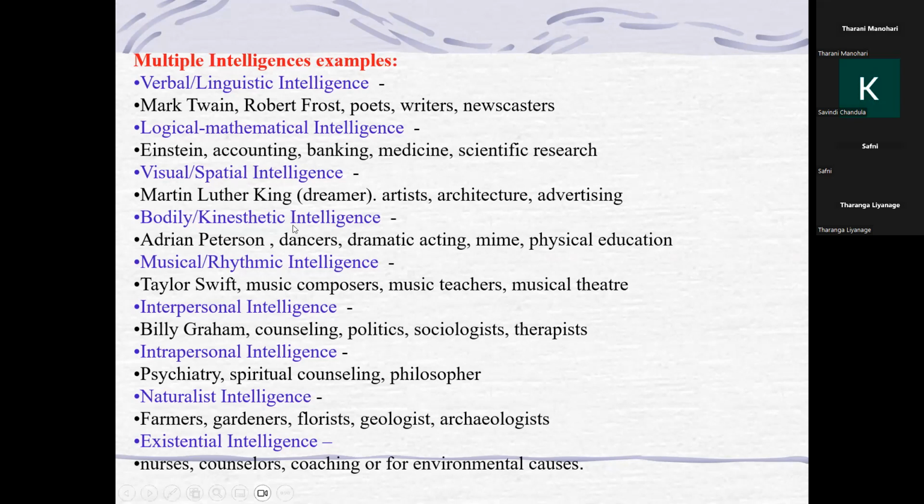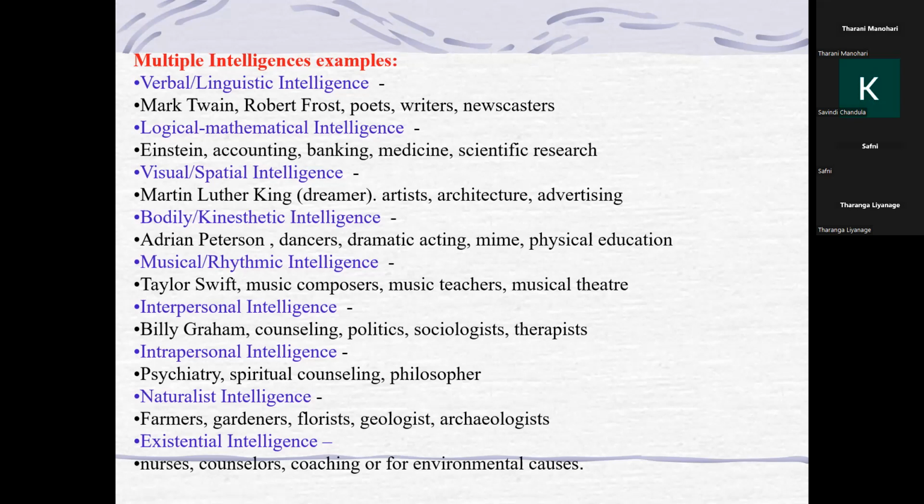Bodily kinesthetic means like dancers, dramatic acting, physical education, the sports people, they all have the bodily kinesthetic intelligence. Musical or rhythmic intelligence, you know that. Interpersonal, that means the people who have good social relationships. Counselors, politicians, sociologists.